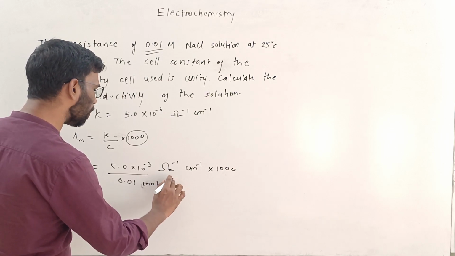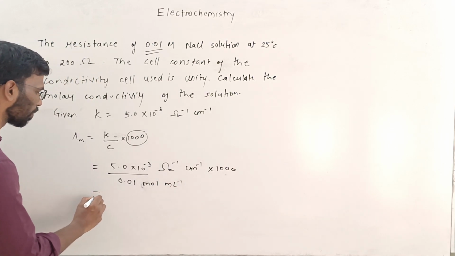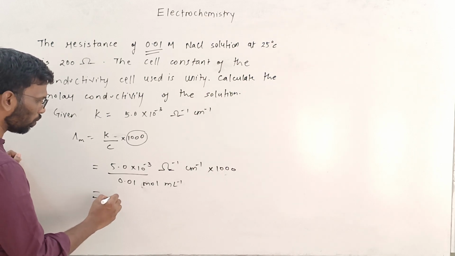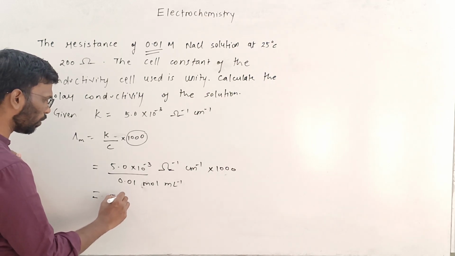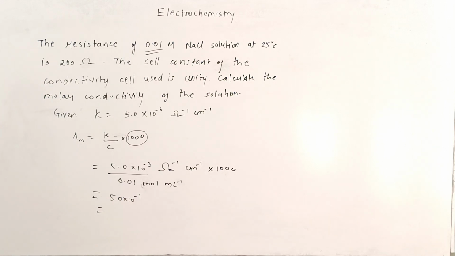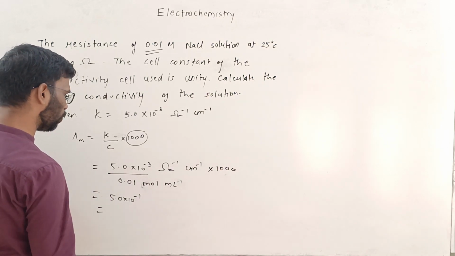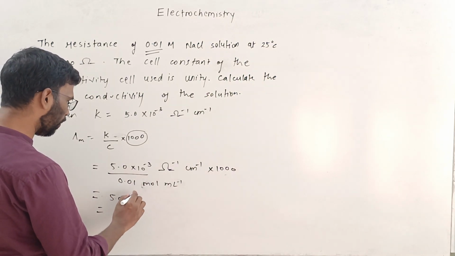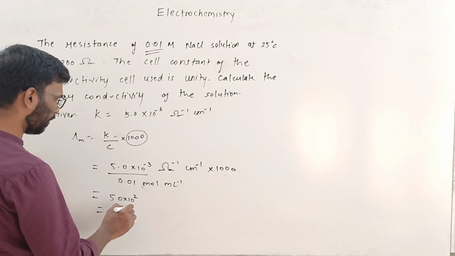Here the main thing is about units. Yeah, I did not consider this: this is 10 raised to 3, and this will be 5 into 10 raised to 2, right?